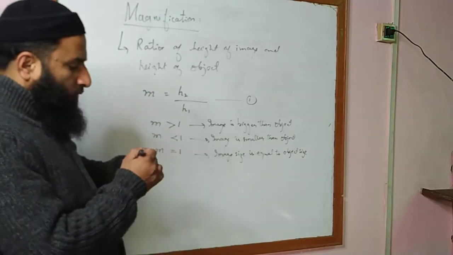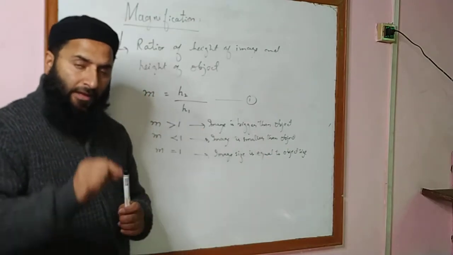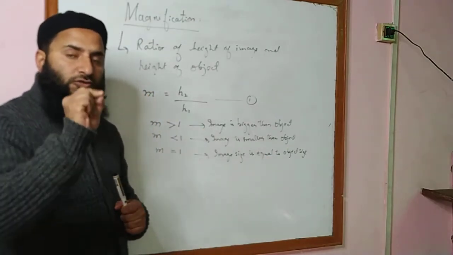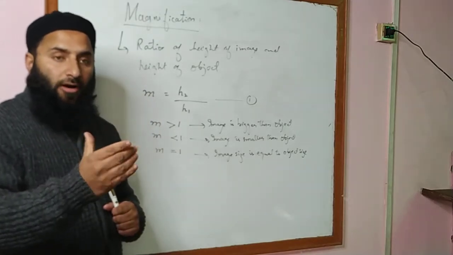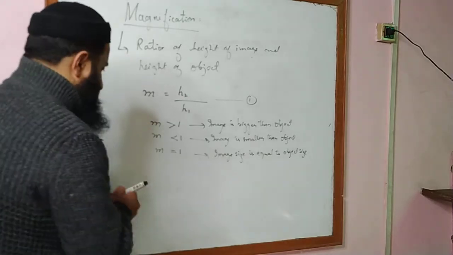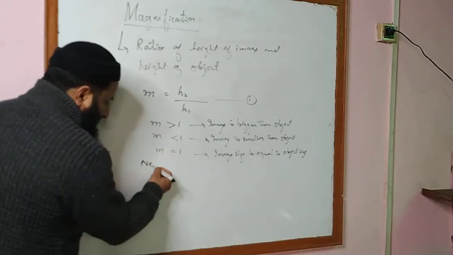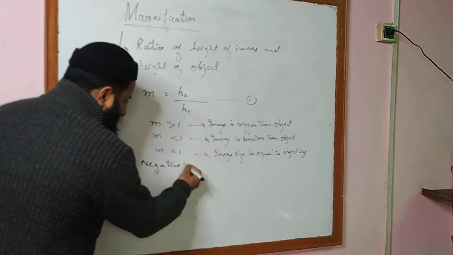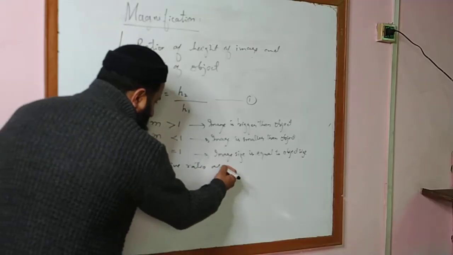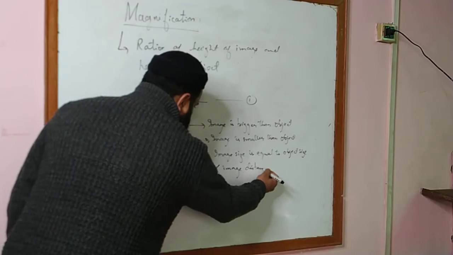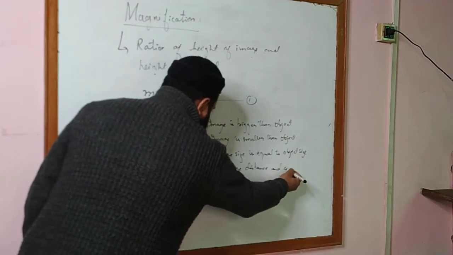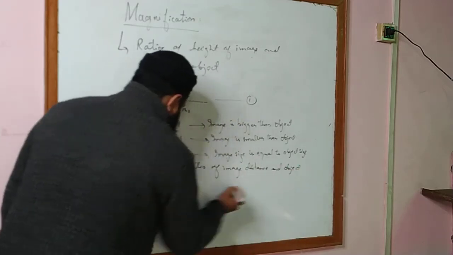We can also calculate the value of m. Value of m can also be calculated by taking the negative ratio of image distance and object distance.